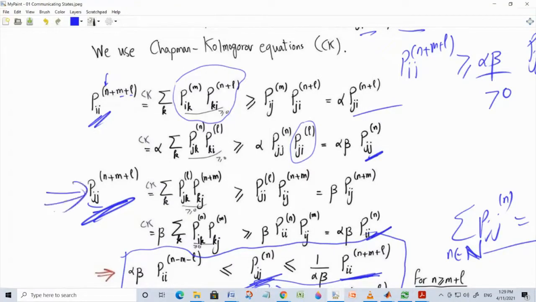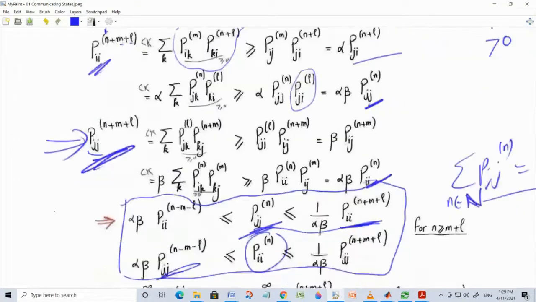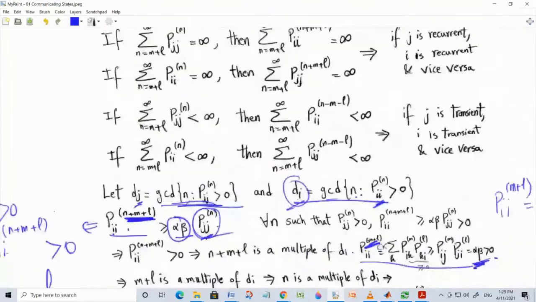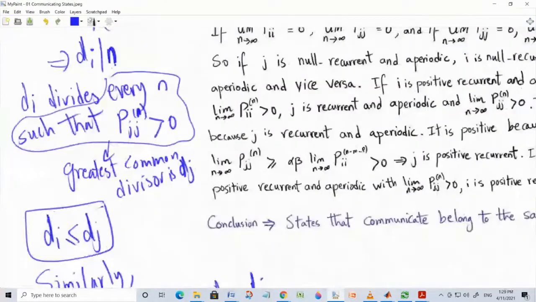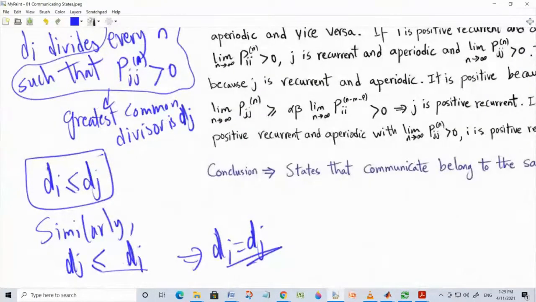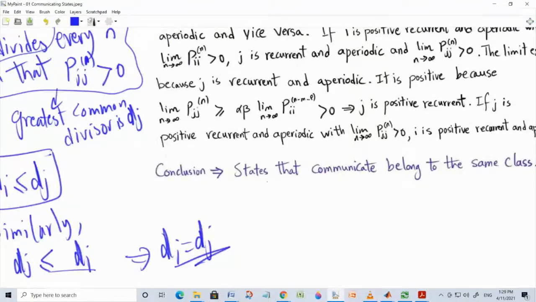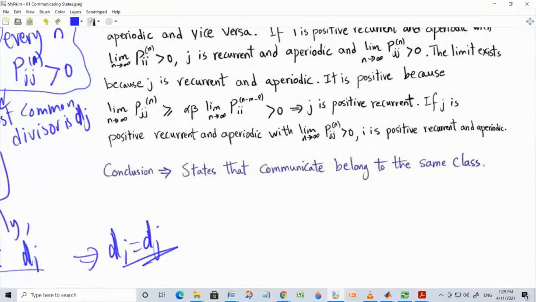So you can do this version of the Chapman-Kolmogorov equations and show that the opposite inequality holds, which means that di is equal to dj. The conclusion is that states that communicate belong to the same class. Any questions?